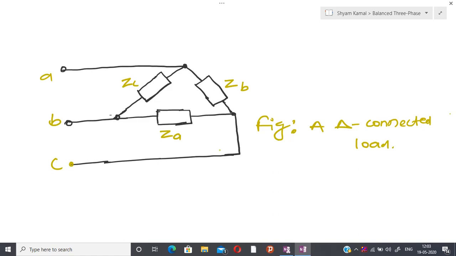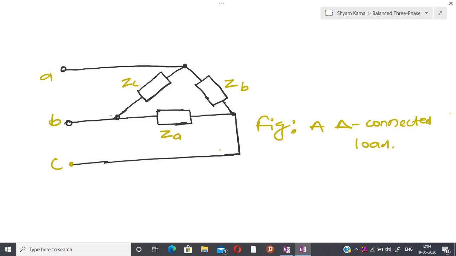So let us try to understand what is the meaning of unbalanced load. A Y or delta connected load is said to be unbalanced if the phase impedances are not equal in magnitude or phase. So similarly to phase voltage, we are defining the phase impedance.